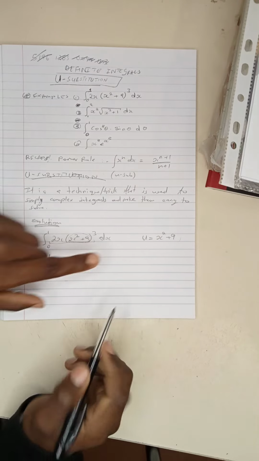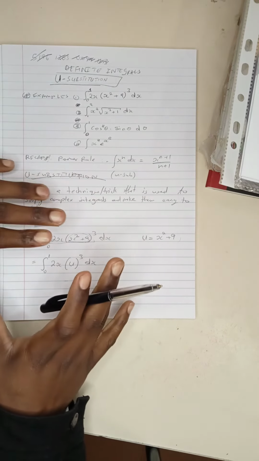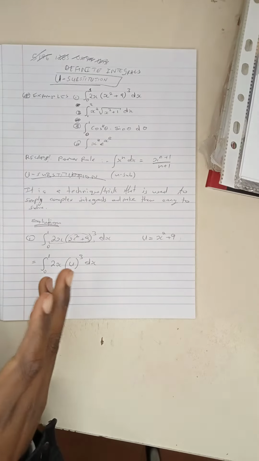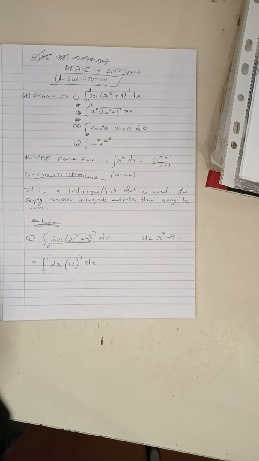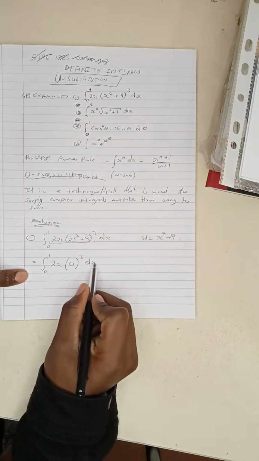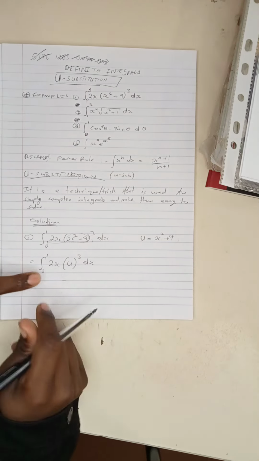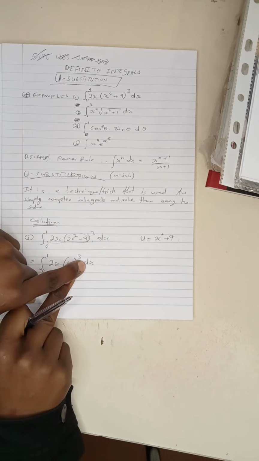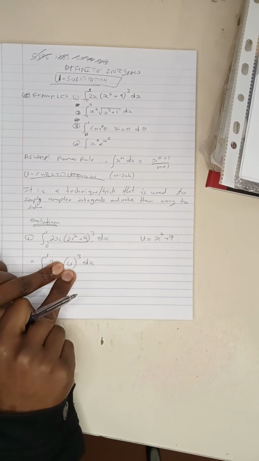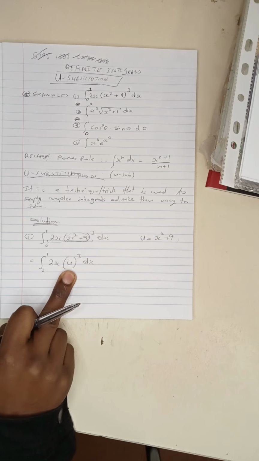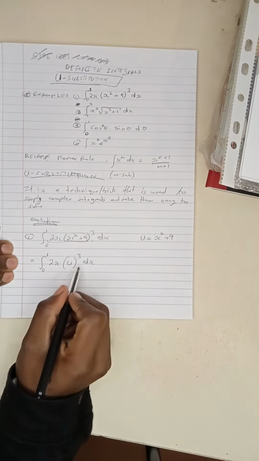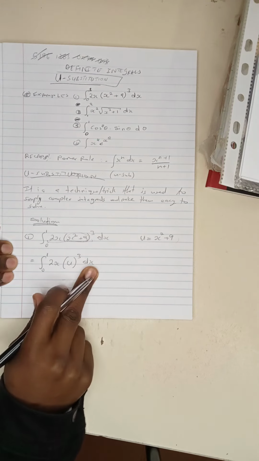But because we are changing this function, all of this function, we want it to be in terms of u so that we can easily integrate it. So we also need to change this because we cannot integrate u with respect to x. We need to integrate u with respect to u. So how can we change this dx?